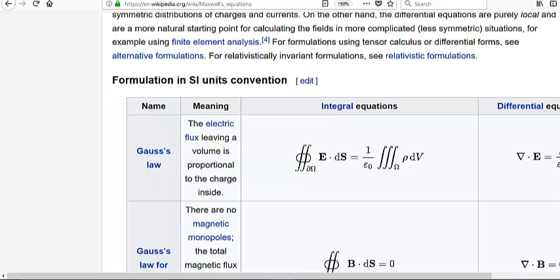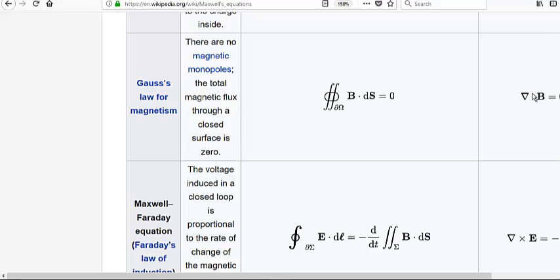Then you've got Gauss's law for magnetism. That fancy looking thing is what you call an area integral. So this is a line integral, and this is an area integral. I think we had one up here too.